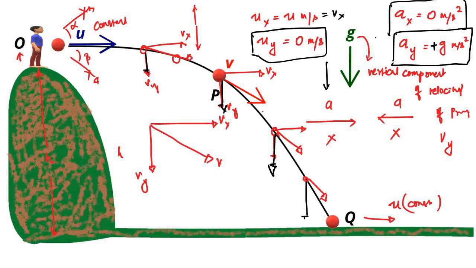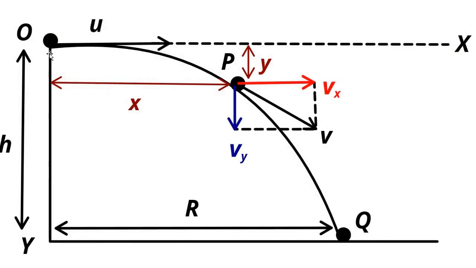Let's say the object, which is initially projected with only the horizontal component u, moves to point P, which has coordinates x and y.